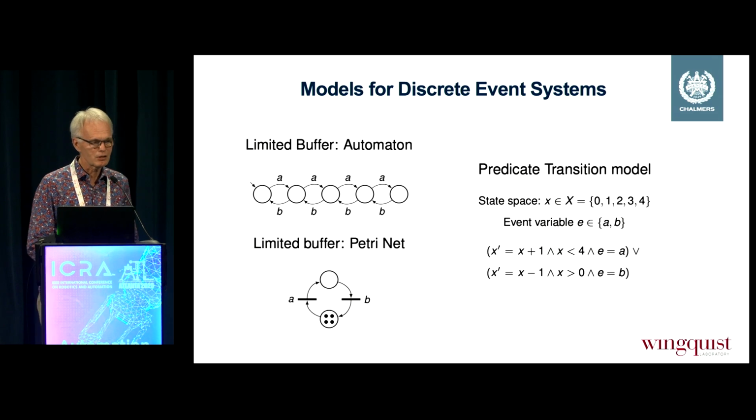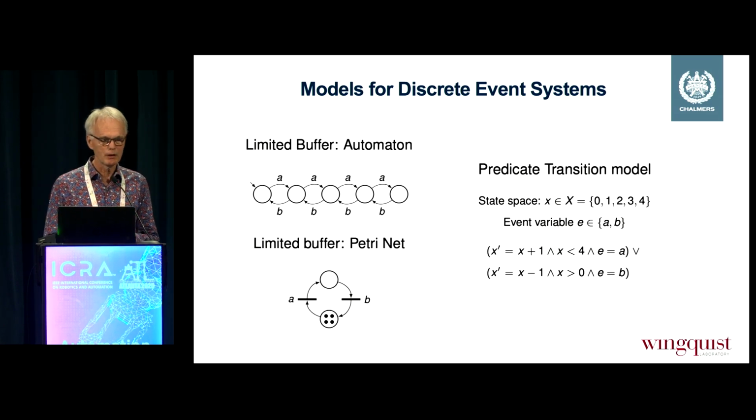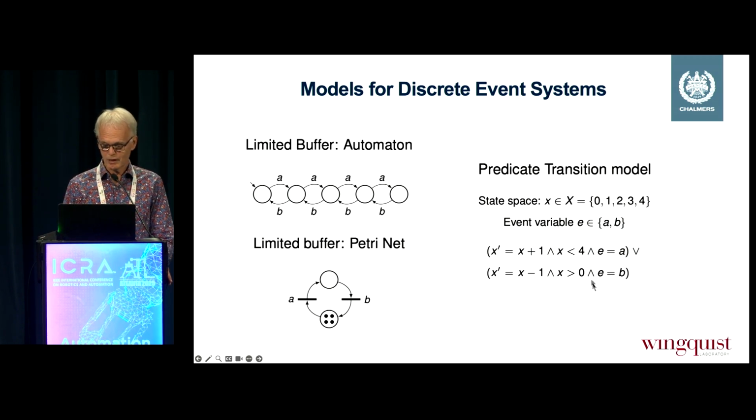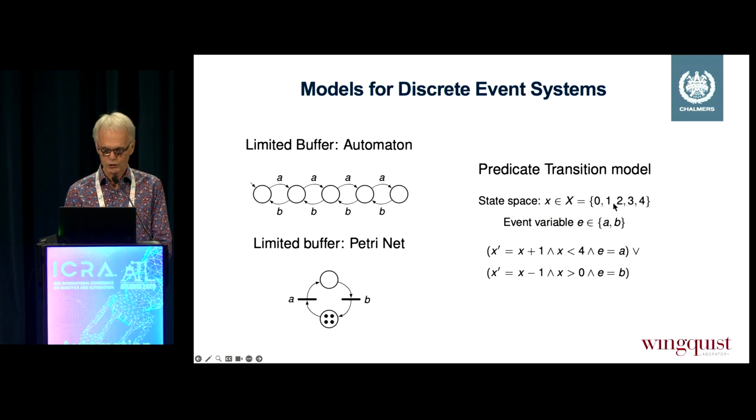So discrete event systems can be modeled in different ways, and we are familiar, I hope, everyone, with automata and Petri nets. Maybe not so much that we can also describe these by predicate transitions. In this case, for instance, you have a buffer, and you have a total of 4 states which represent occupied parts and 1 empty state.